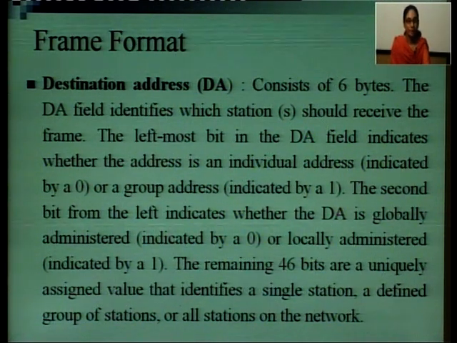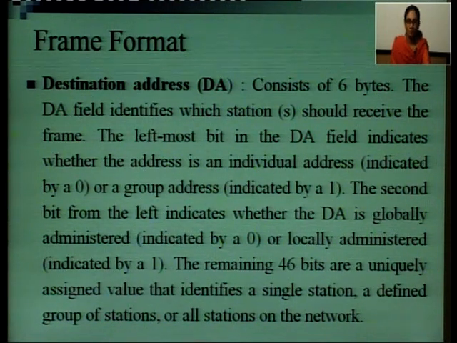The second bit from the left indicates whether the destination address is globally administered or locally administered. If the value of the second bit from the left is 0, it is globally administered. If it is 1, it is locally administered. The remaining 46 bits are uniquely assigned values that identify a single station, a defined group of stations, or all stations on the network.